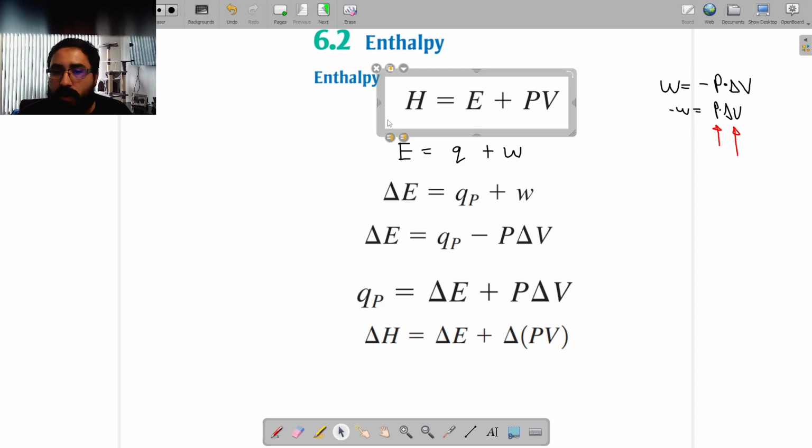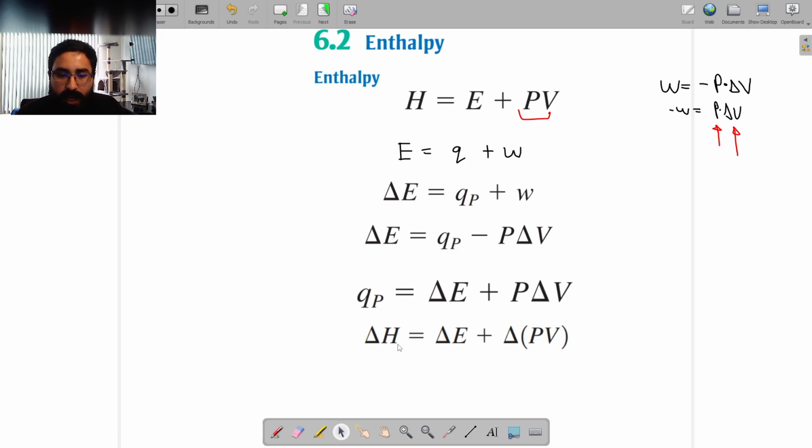And remember earlier when I said enthalpy is a state function? Well, it doesn't matter how it gets there. The only thing that really matters is the ending and the beginning. So we can do this equation where we take the difference of the beginning and the end so we can see how it's changed.